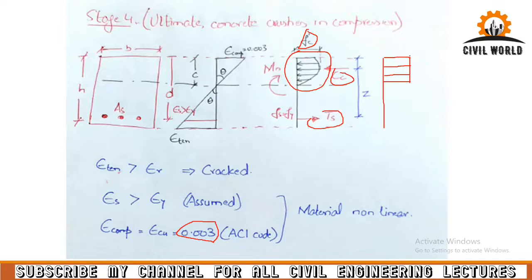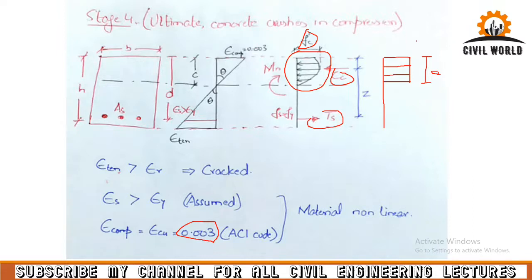And this distance is actually a. I'm not able to write it, but it is a, which is different than this c. It is actually a equal to beta 1 c. We'll discuss it in our coming slides, but we will use this type of distribution to locate our neutral axis.